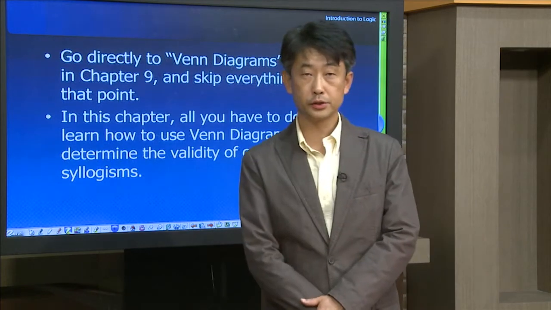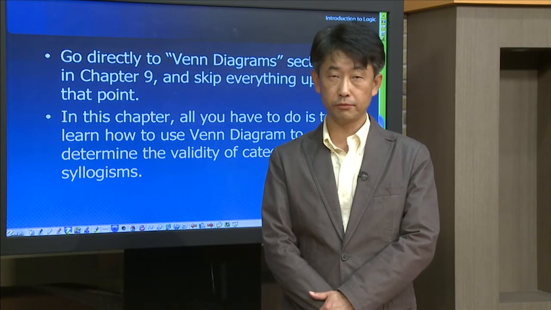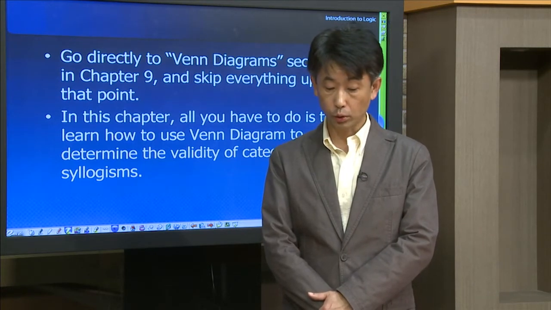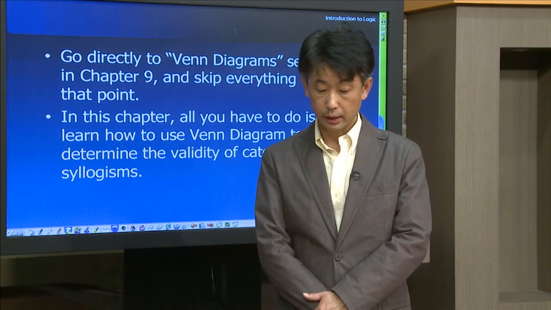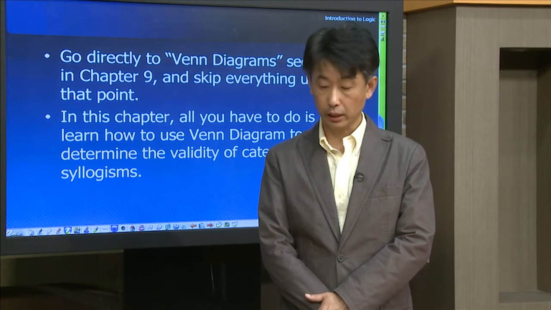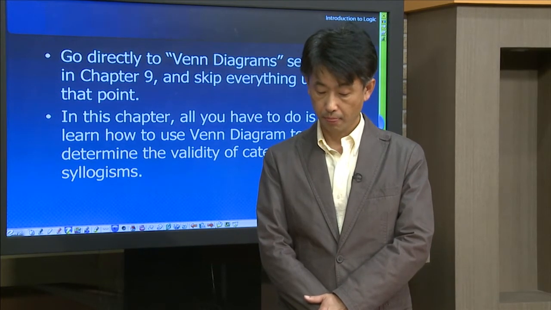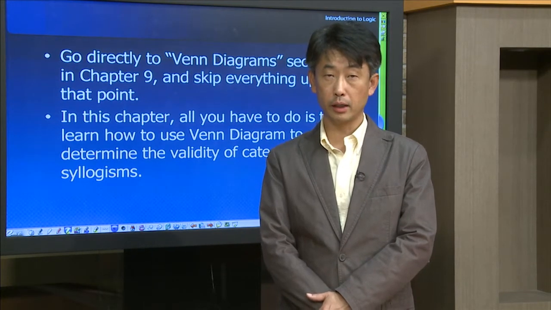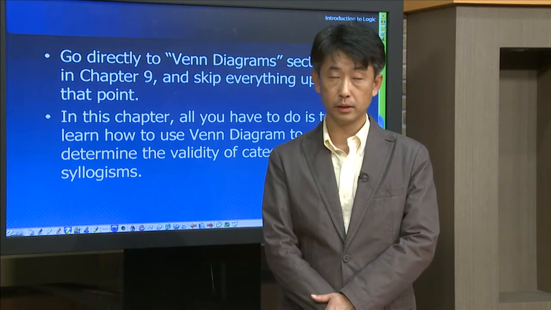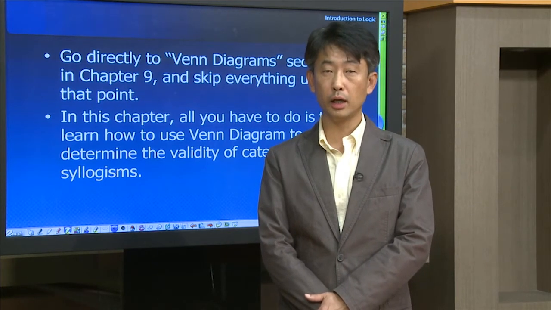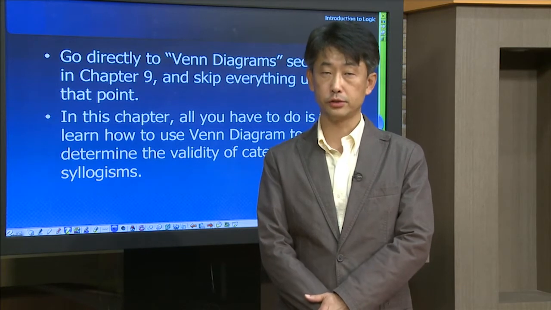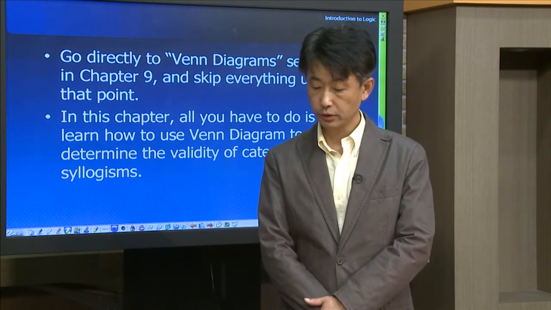We will skip a few sections in this chapter first and go directly to the Venn diagrams section. And we will also skip everything after that. So that means we will just focus on one section in this chapter, the Venn diagrams section.